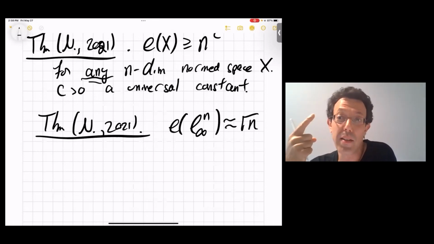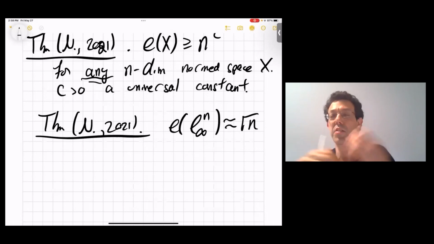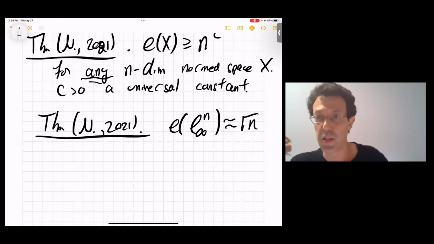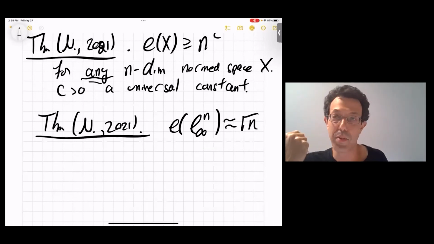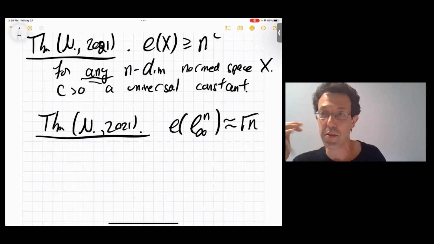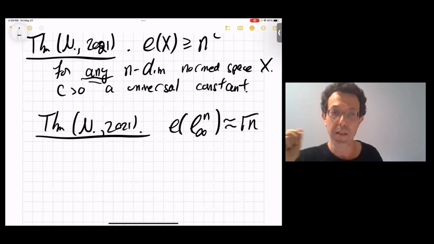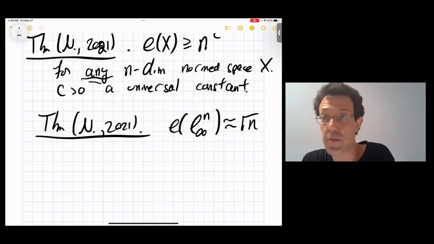And now there's only one, because the proof gives an upper bound which is better than the best known upper bound for many spaces, but it matches the lower bound only for L infinity n. I can go over the proof and artificially give you spaces for which it's sharp, but none of the really natural spaces. So we have only one example, and I don't know the answer for L4, L2, L1, etc. For L infinity, the answer is root n, but this is the only example I can give right now, and this is where the bounds matched.